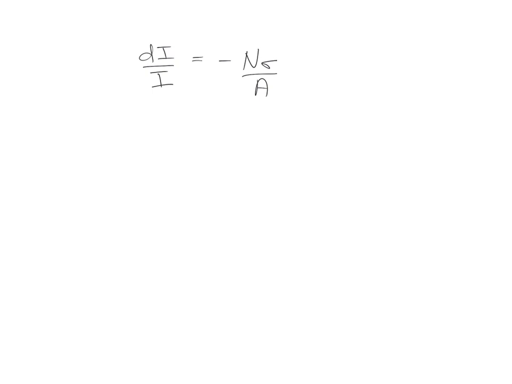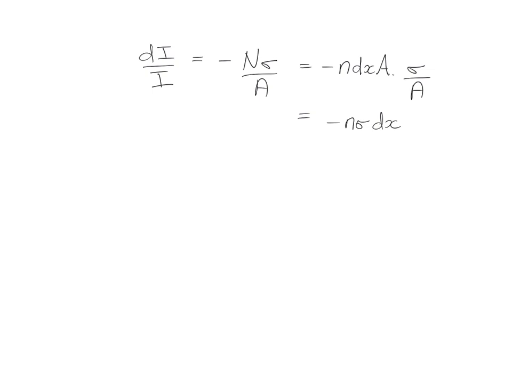And if we put in our equation for N, which was little n times the volume, dx times A, we've got minus little n, the number density, times dx times A times sigma divided by A. We end up with our final result, which is that the fraction of the light that's absorbed is the number density of particles times the cross-sectional area of a single particle times the length of the element.